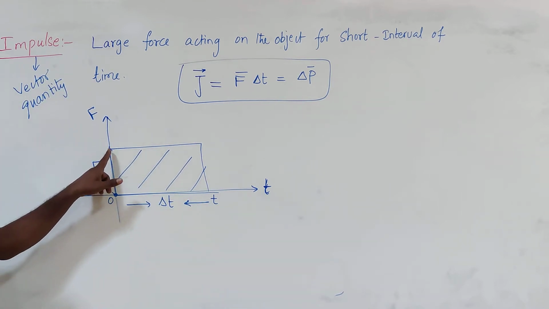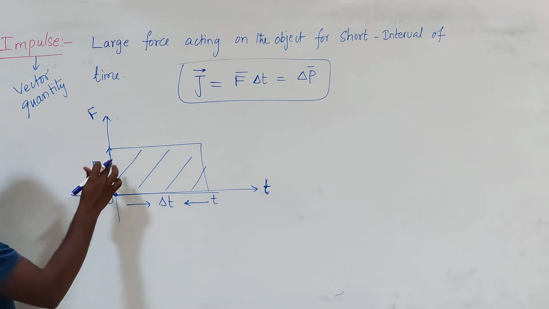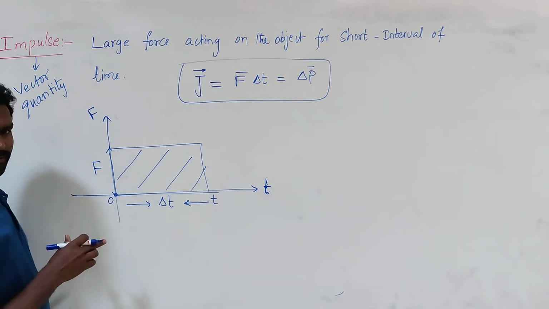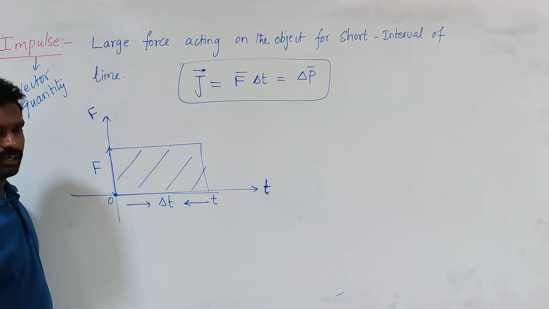So this curve has length equal to F and breadth equal to delta t.